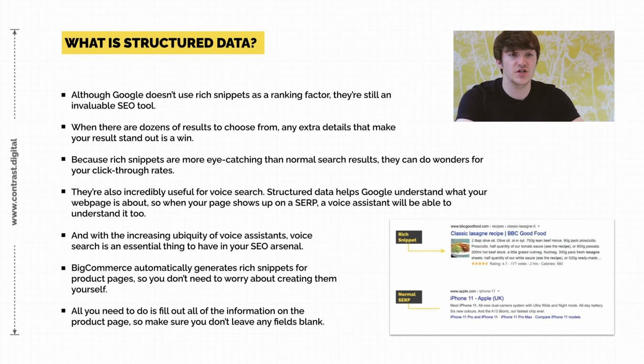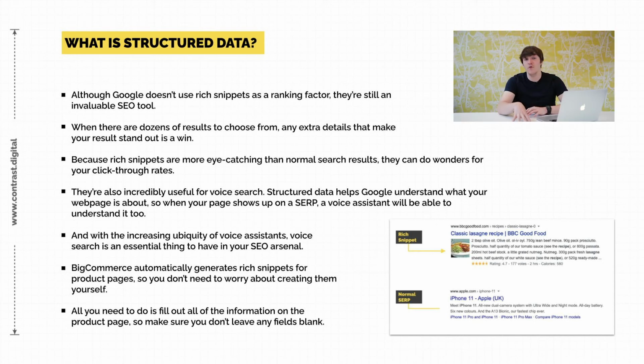Depending on the type of structured data, different meta information is pulled through. Voice search also really leans into this structured data, so this is a great way to optimize for voice search, making sure this information is filled in. Not only will it help you with voice, it'll also probably help your click-through rates. So definitely make sure you're inputting this information into your product pages and blog posts as well.